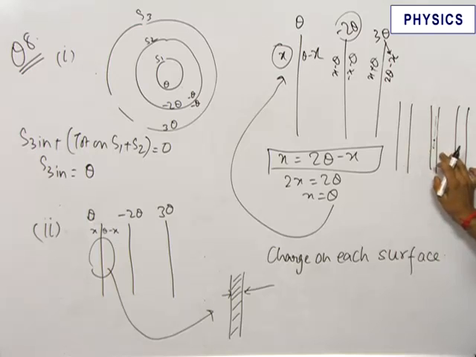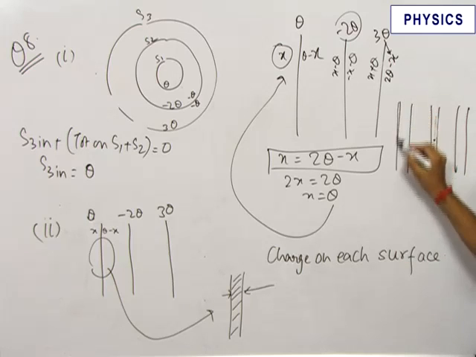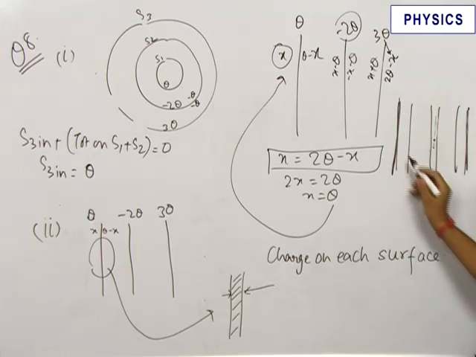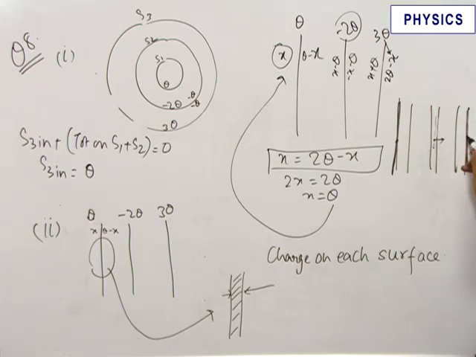Due to these two plates also the electric field over here cancels. Therefore, the only electric field at this point is due to the charge on this surface of this plate and due to the outer surface of this plate. So the electric field due to this plate over here has to be balanced by the electric field due to this plate in this direction. Therefore, these two plates must have equal charges.